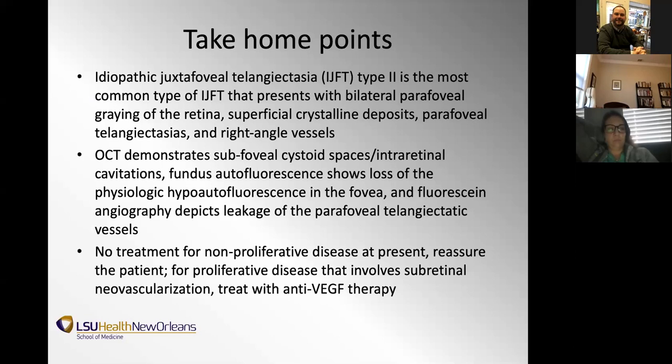Fundus autofluorescence shows characteristic loss of physiologic hypoautofluorescence in the fovea, and fluorescein angiography depicts leakage of the parafoveal telangiectatic vessels. No treatment for non-proliferative disease at present. Just reassure your patient, and for proliferative disease that involves subretinal neovascularization, you treat with anti-VEGF therapy.